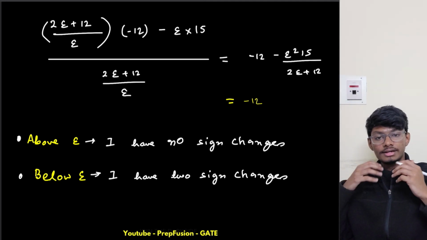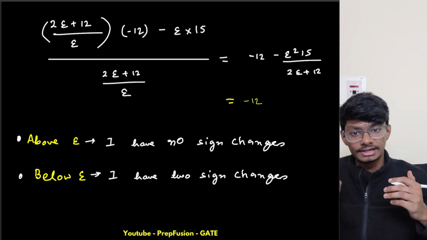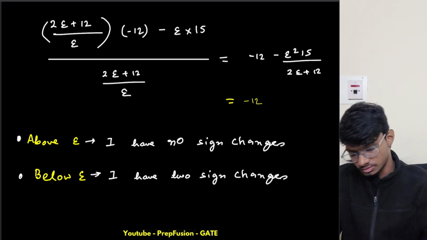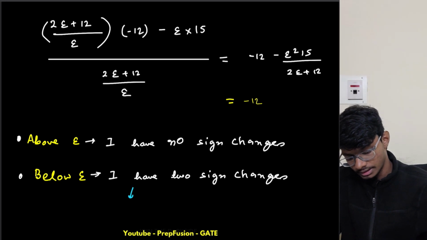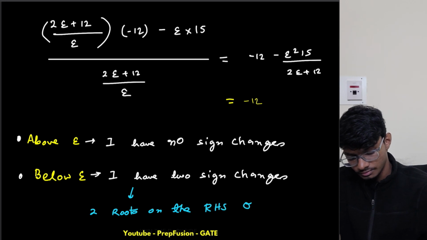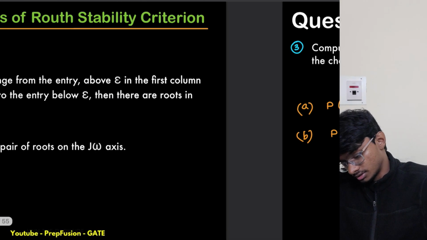So what can I interpret from this? I can say I have 2 roots on the right hand side of the S plane. Okay, this is what I can interpret.